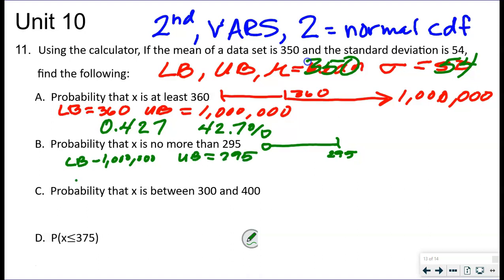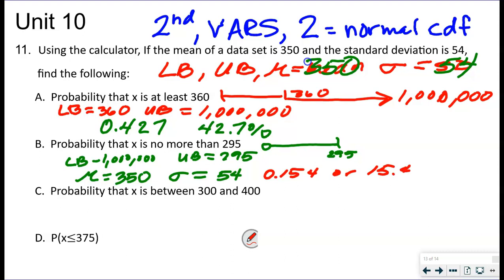Remember that mu is the same as it was before. That's going to be our 350. That's our mean. And our standard deviation is going to be 54. So once again, when we put that in the calculator, we're going to get 0.154, or you could say it is 15.4%.